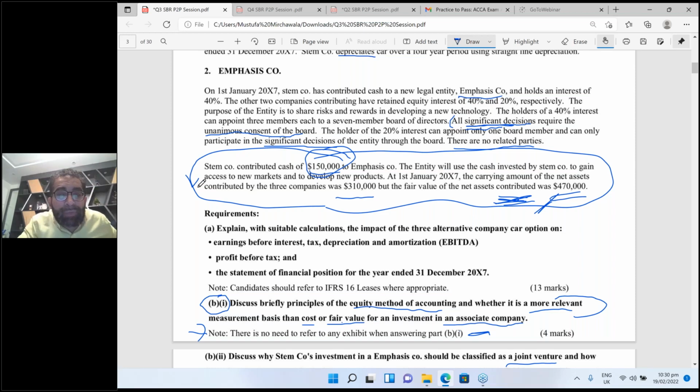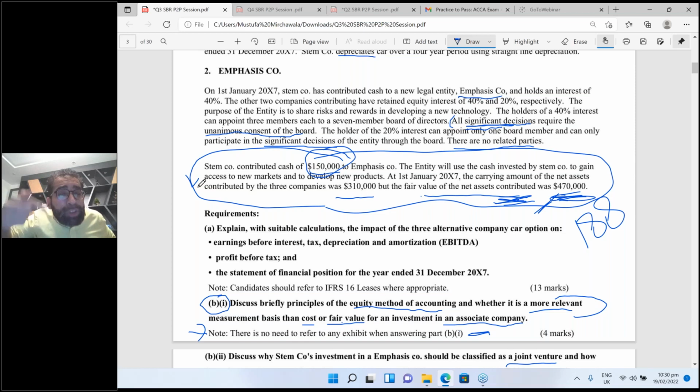There are two other owners. The total fair value of the net assets contributed was 470,000, and 470,000 times 40% is 188.